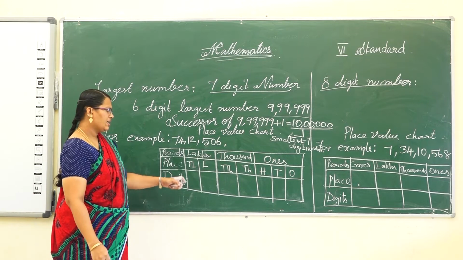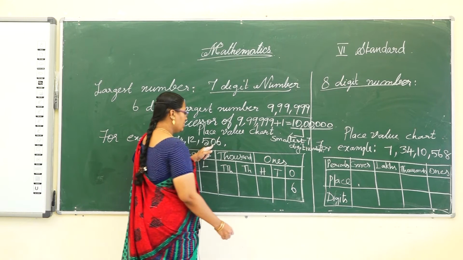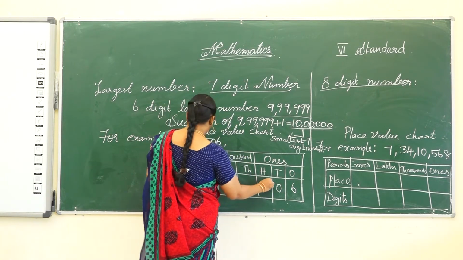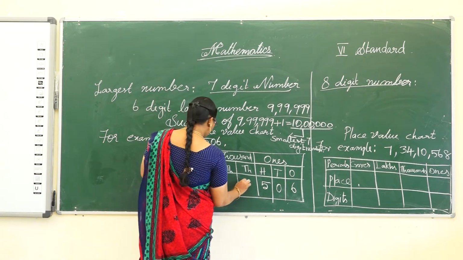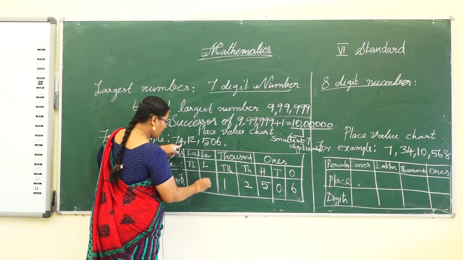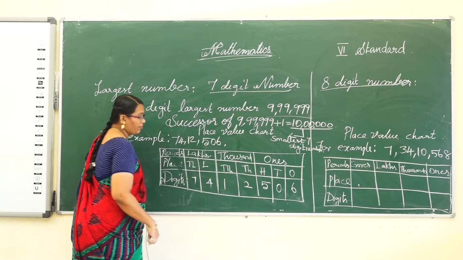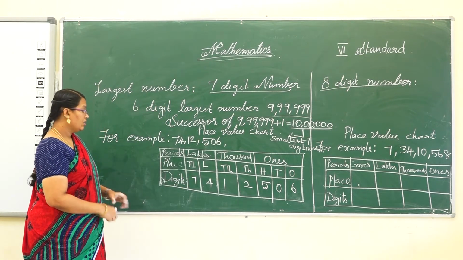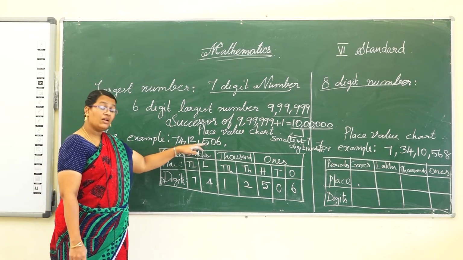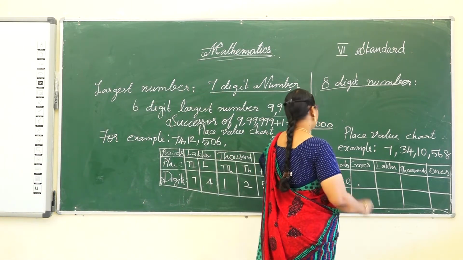Here the ones digit is 6, tens is 0, hundreds is 5, thousands is 2, ten thousands is 1, and lakhs is 4. The ten lakhs digit is 7. That is the place value chart for 74,12,506.